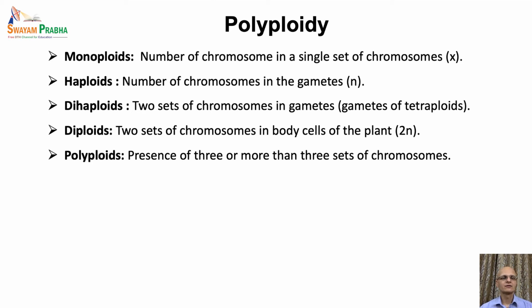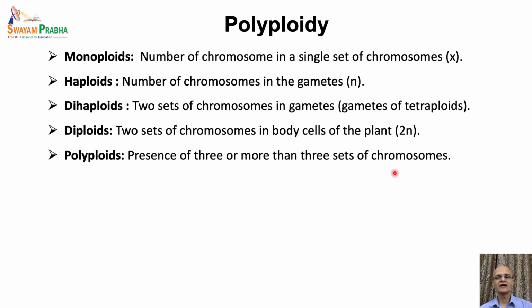And then we talked about polyploids. So basically if the body cells of the plant have more than two sets of the chromosomes, this condition is called a polyploid condition or polyploidy, and the plants are called polyploid plants.